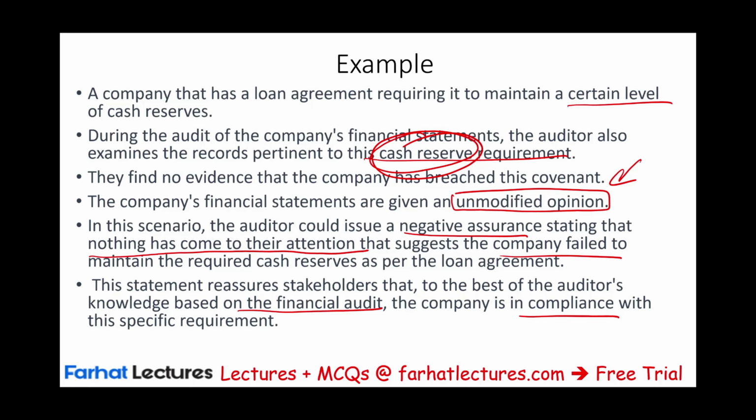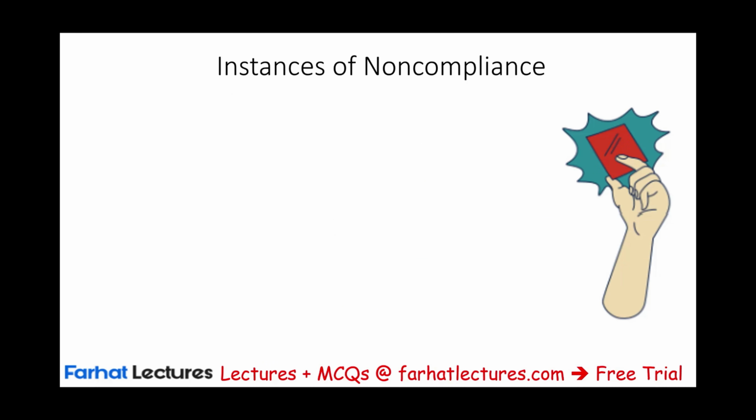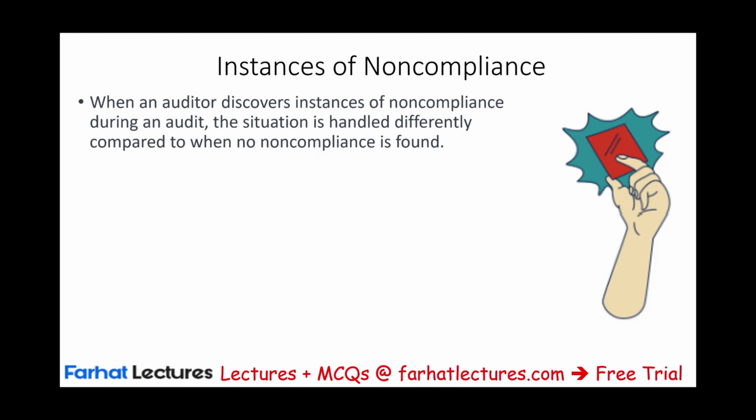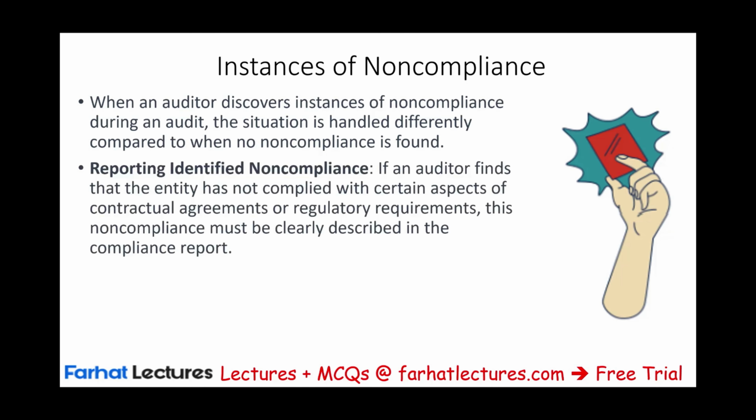What happens if we do find instances of non-compliance? When the auditor discovers instances of non-compliance, the situation is handled differently. Well, if the auditor finds that the entity has not complied with a certain aspect or regulatory requirement, this non-compliance must be clearly described in the compliance report.